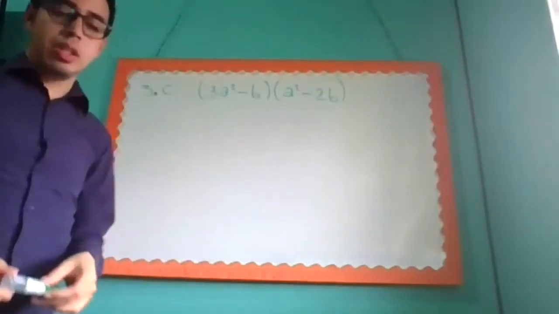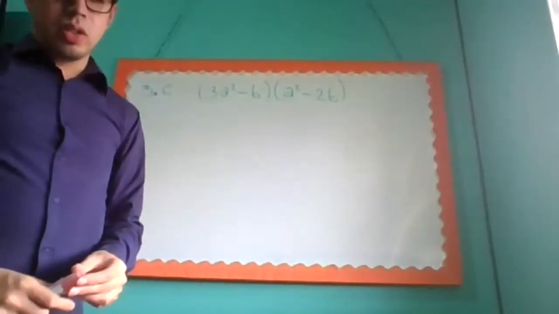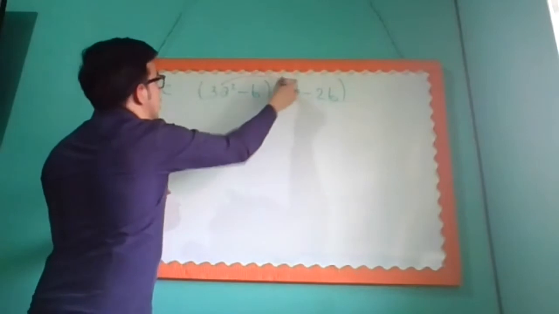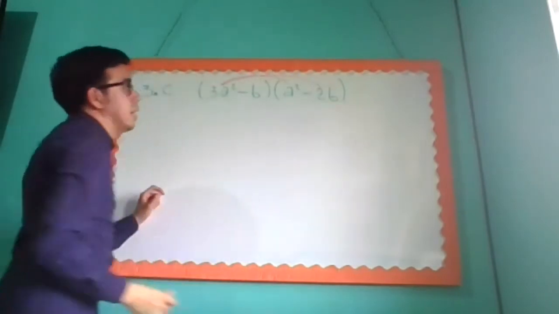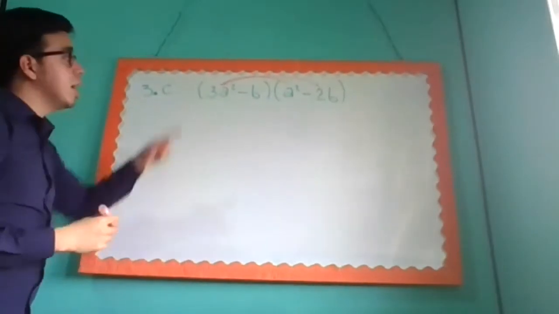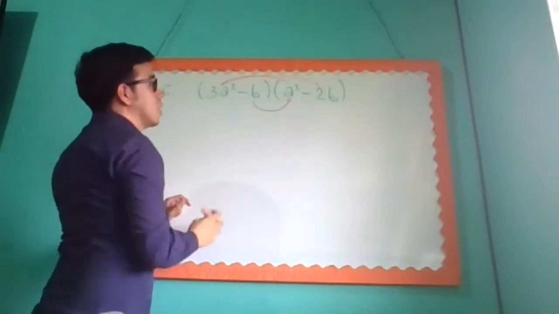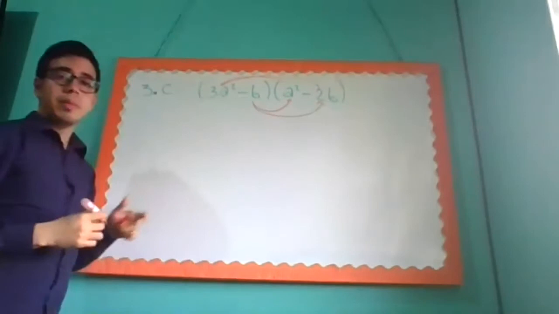So guys, in here is the same. You need to multiply all the terms. For example, you can multiply this by this and this by this. Later, you are going to multiply this by the first term and by the second term.